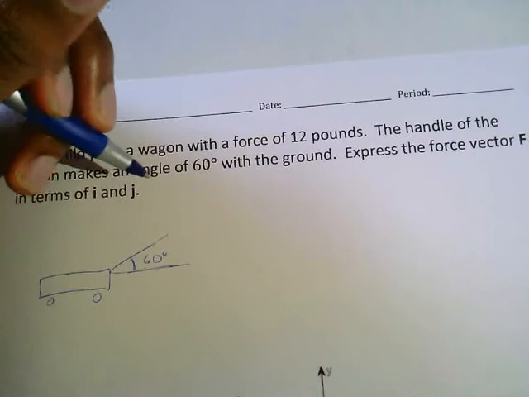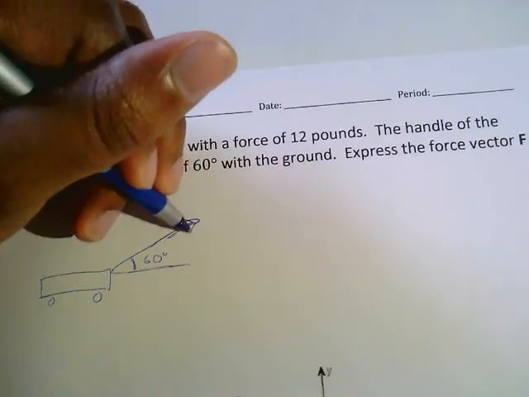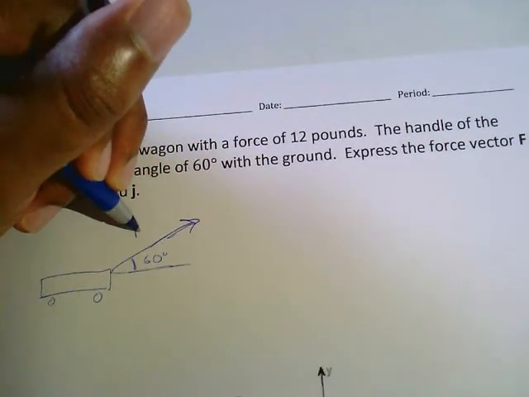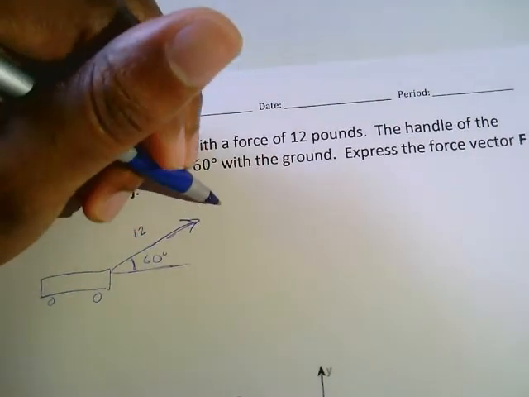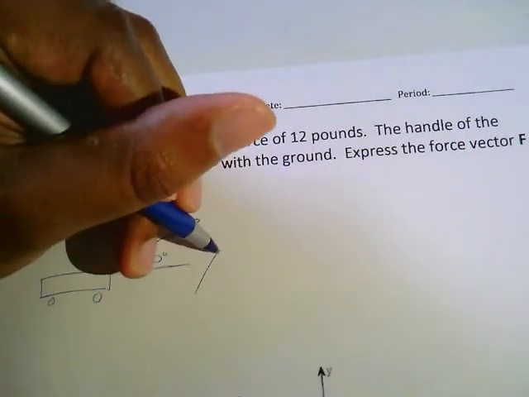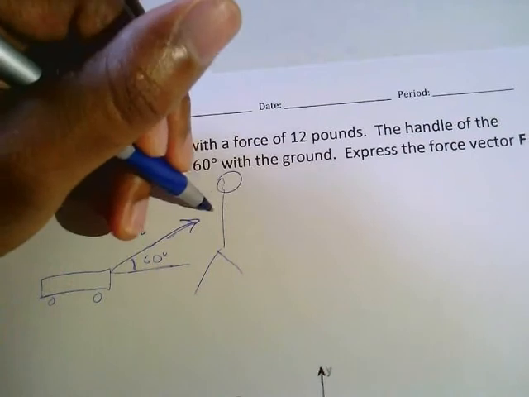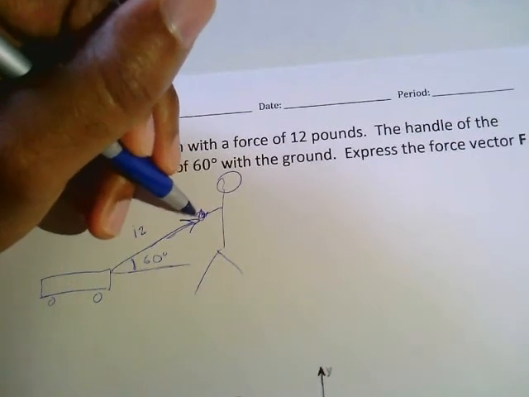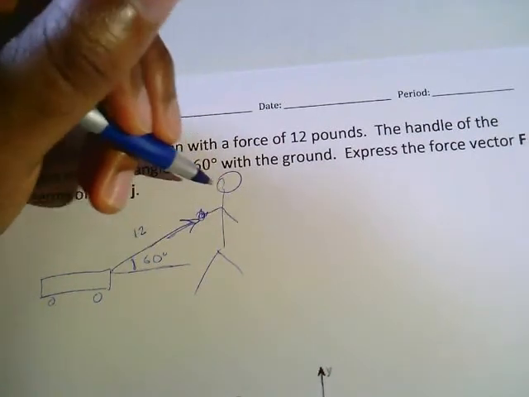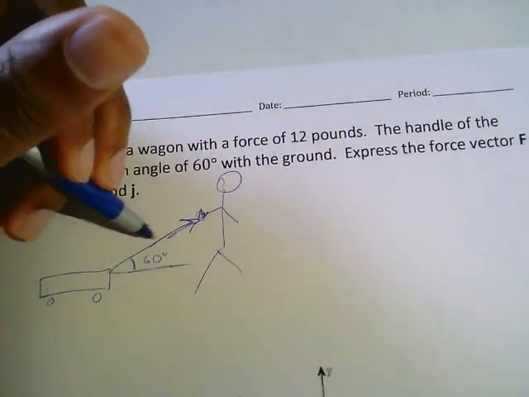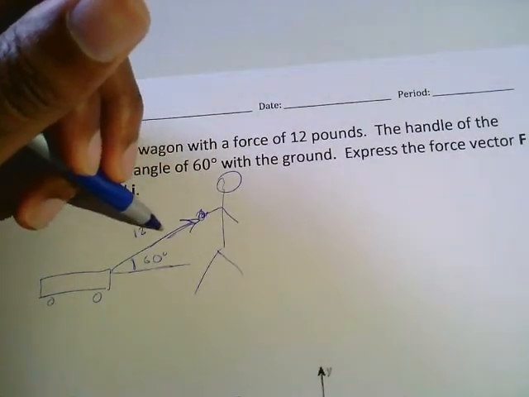So here is 60 degrees. And the force that the child is pulling with is 12 pounds. And the child is, I guess, kind of tall. And here's the child's hand holding on to the end of the wagon as he walks. And he's pulling it with a force of 12 pounds.